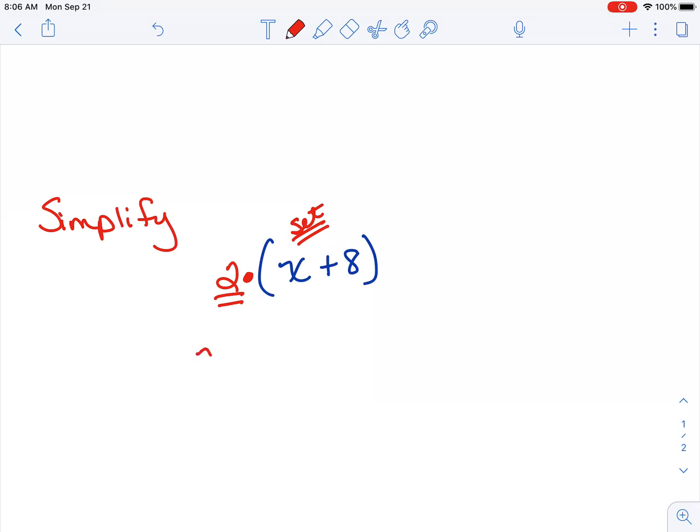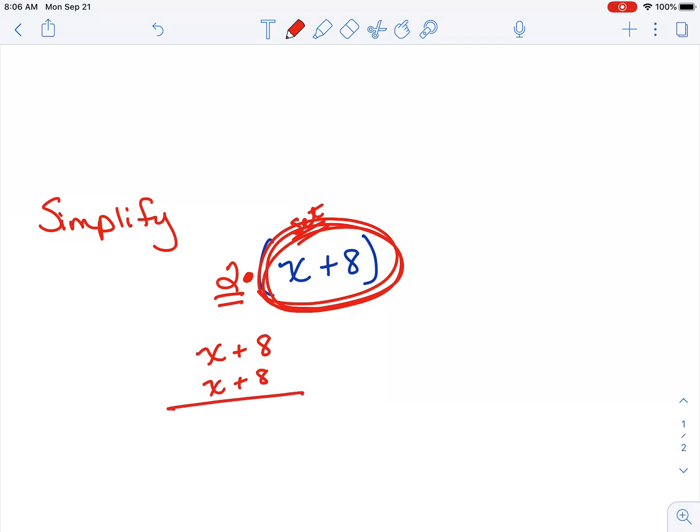So that means I actually want x plus 8 once, x plus 8 twice. I want 2 sets of that. Well, then if we did our combining like terms, that would be 2x plus 16. And that's all I could do because I don't know the value of x. That's the only way I could simplify it.